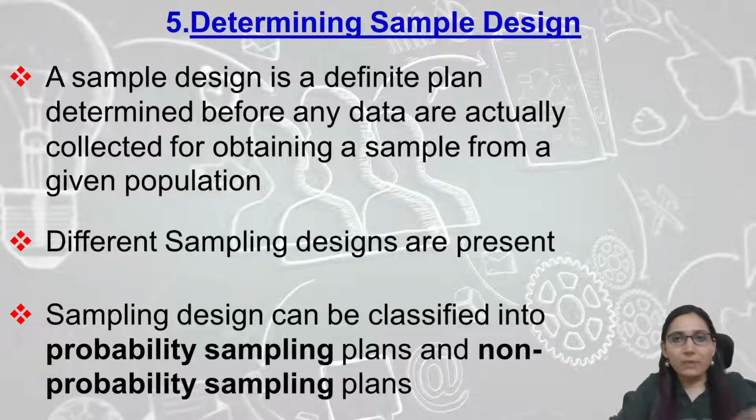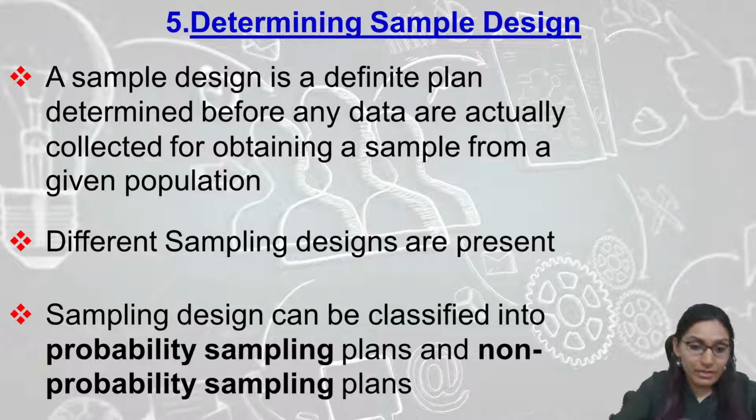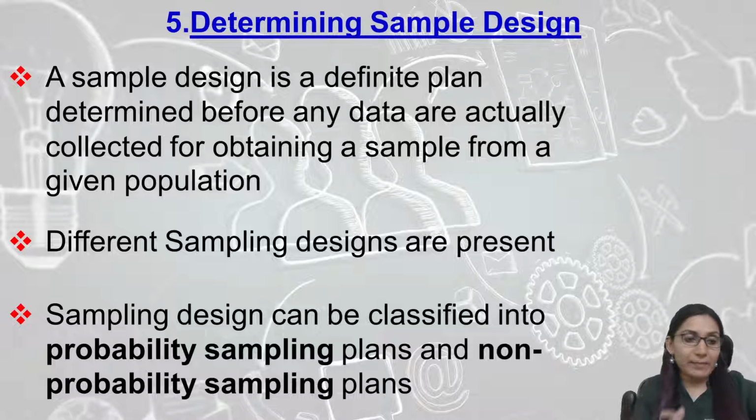Now next is determining the sample design. This is a very important topic: probability sampling and non-probability sampling, which we have already discussed. Two types of sampling can be done.